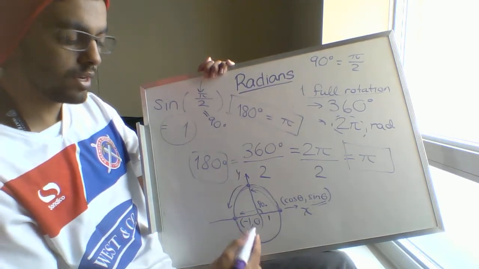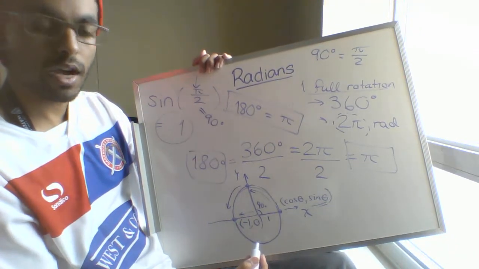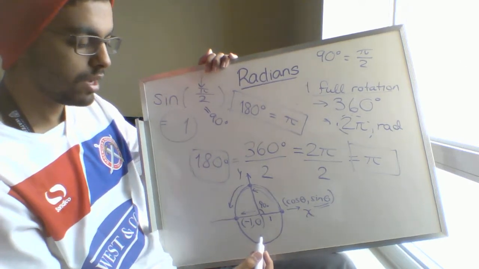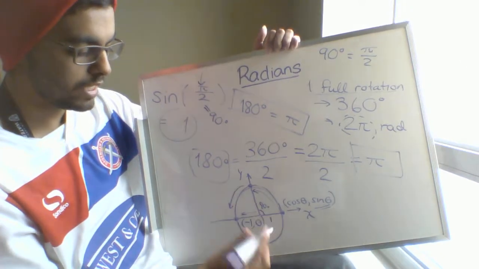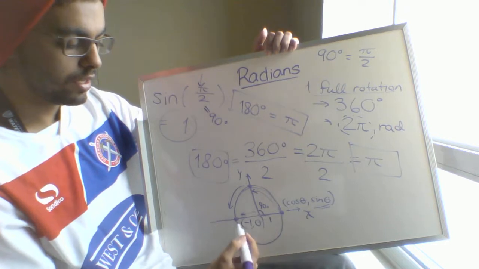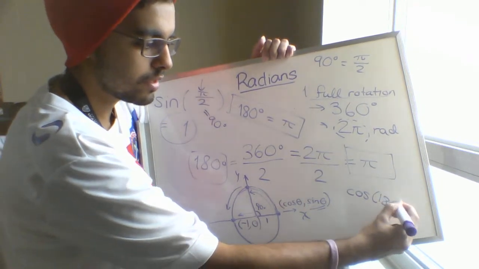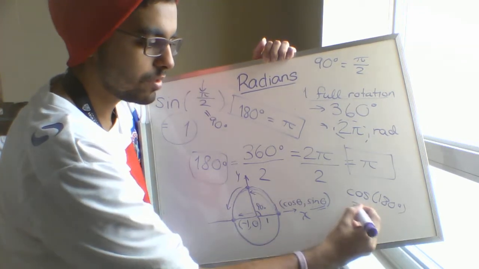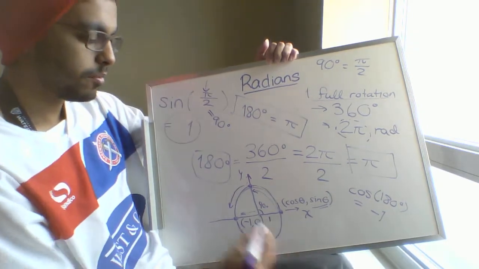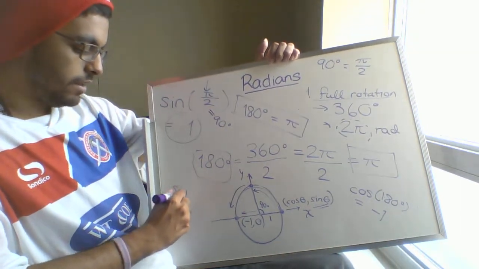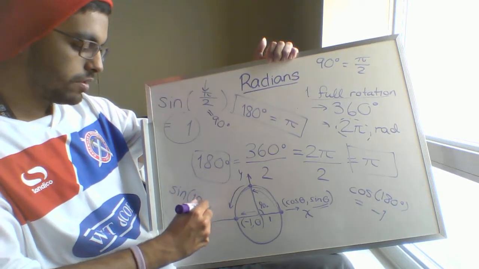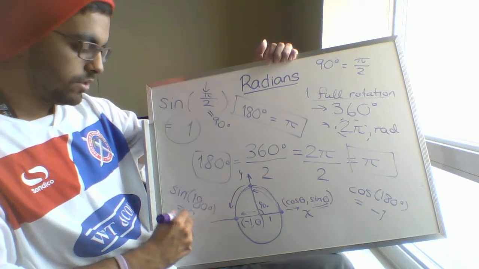So it's -1, 0 for 180 degrees. For an angle of 180 degrees, cosine of 180 is equal to -1, but sine of 180 is equal to 0.